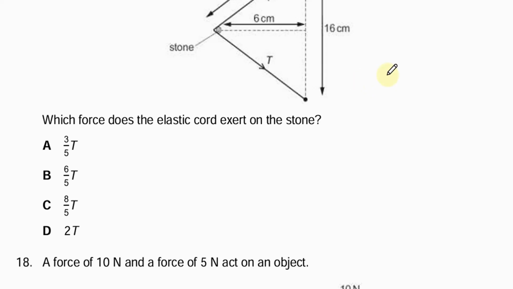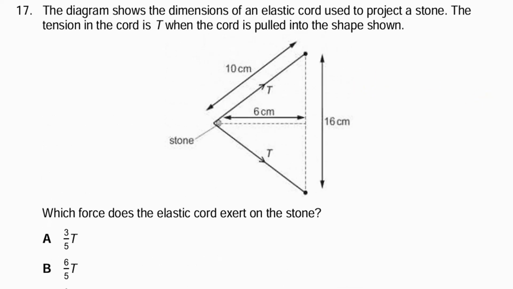Let's start by looking at the diagram more closely. We know this angle here is 90 degrees, and so is this one. Then looking at the top triangle here, we can use Pythagoras to find the side width. And of course, this side will be 8 centimeters.